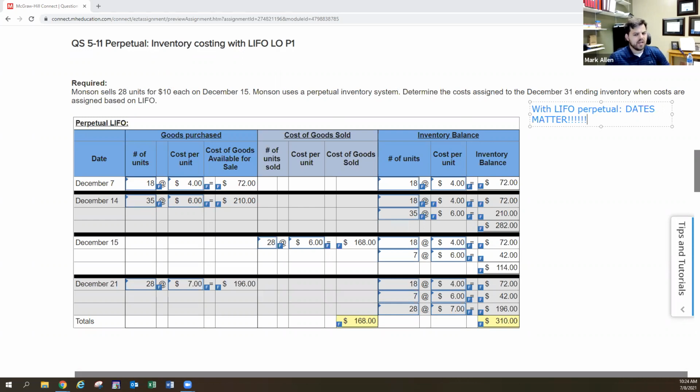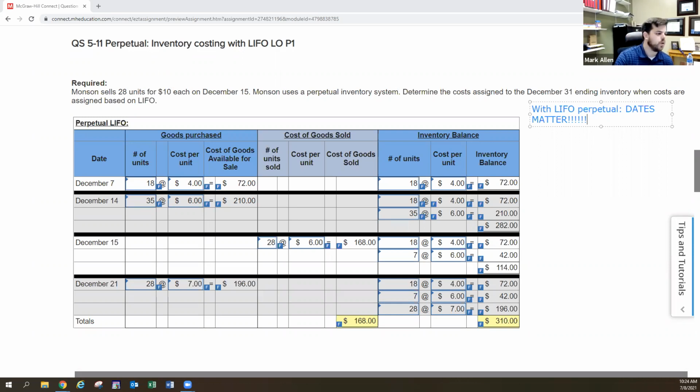I mean, sure, I can pay attention to them, but it's not the end of the world if I kind of lapse and forget to pay attention to dates, because I'll get the same answer with periodic or perpetual. There's a little bit of leeway here. With LIFO, if you do not consider the dates, you will get the question wrong. Not you might, you will. You must consider the dates.